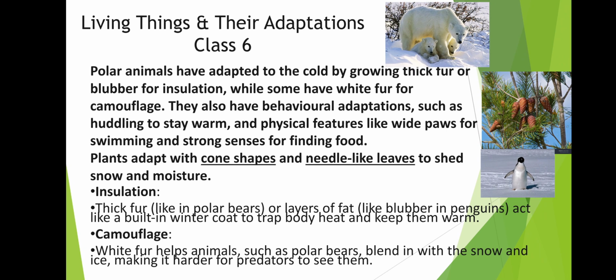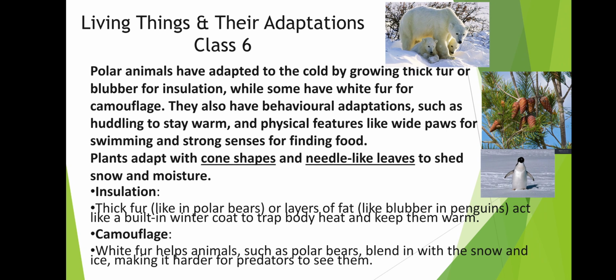Polar animals have adapted to the cold by growing thick fur or blubber for insulation, while some have white fur for camouflage. So they camouflage with the snow. They also have behavioral adaptations such as huddling to stay warm and physical features like wide paws for swimming and strong senses for finding food.